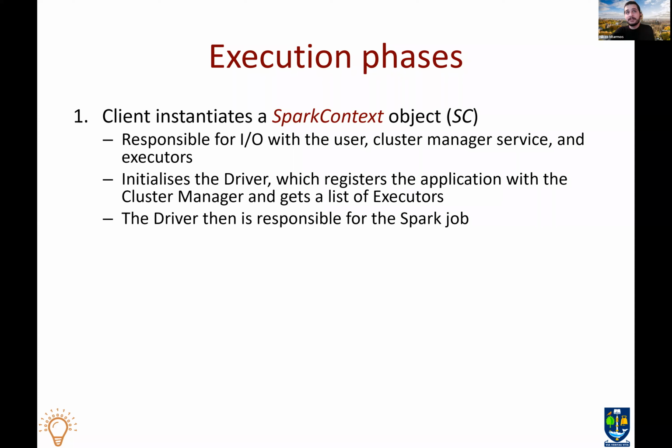The client side needs this Spark context object because that is the bridge to whatever happens on the cluster side. This Spark context is responsible for I/O with the user. If you have something like PySpark and you type stuff, whatever you type is communicated to Spark context. But Spark context also talks to the cluster manager and the executors.